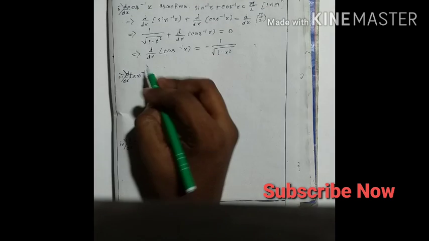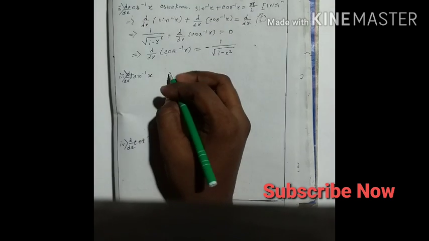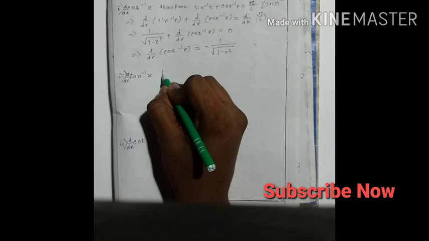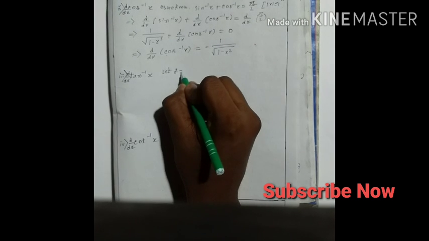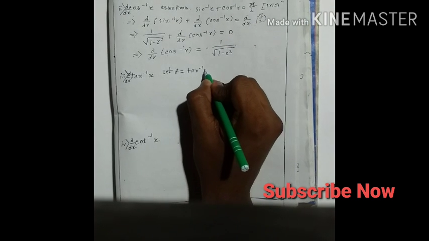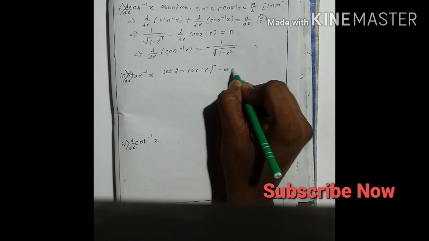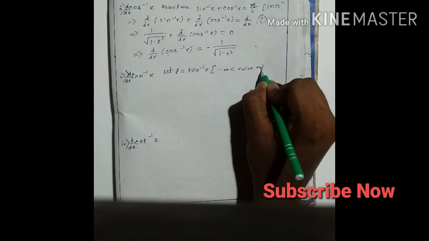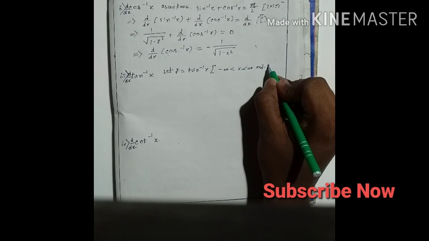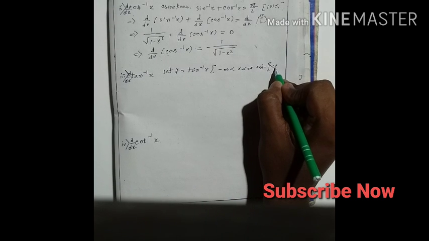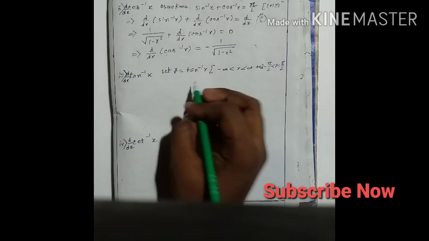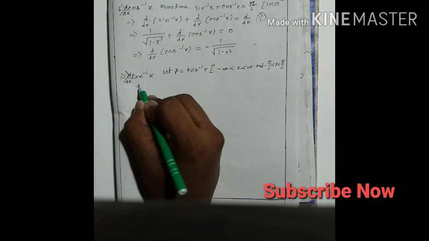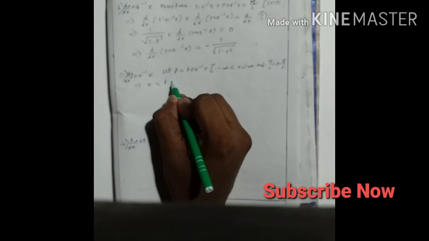Okay, so next is the derivative of tan inverse x. Let y equal tan inverse x. x is between minus infinity and infinity, and the value of tan inverse x is between minus pi by 2 and pi by 2. This implies x is equal to tan y.